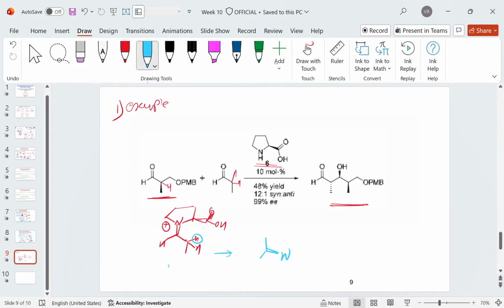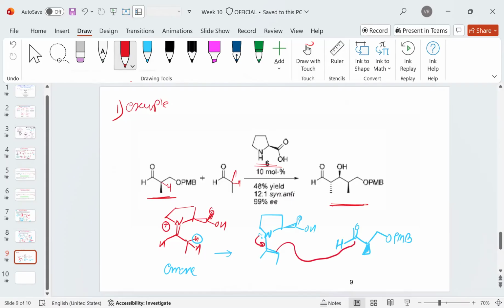This was the imine. Now the nitrogen has the lone pair. So when it reacts with this aldehyde, this nucleophilic lone pair goes here and this bond attacks on this compound.